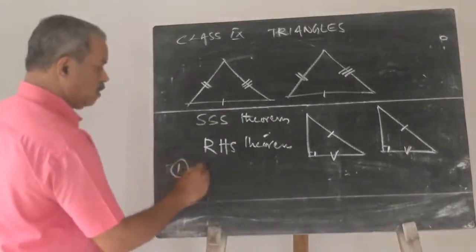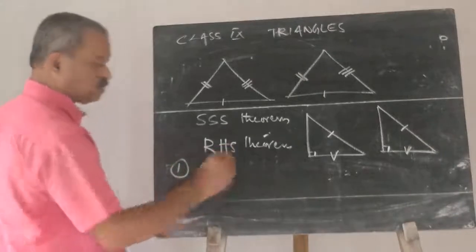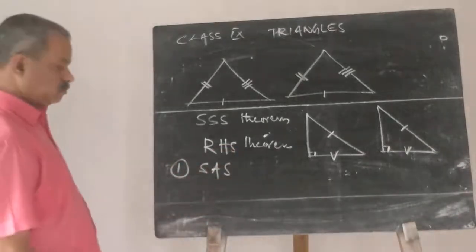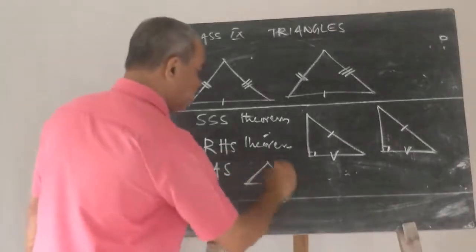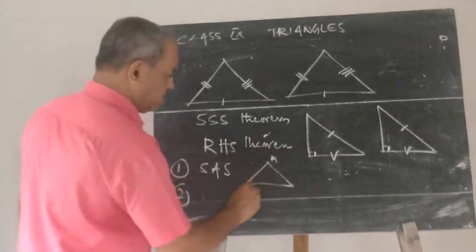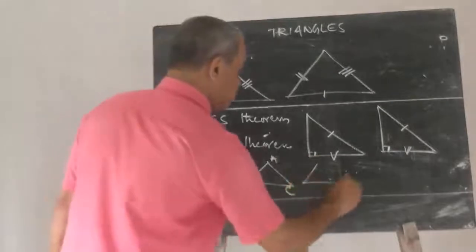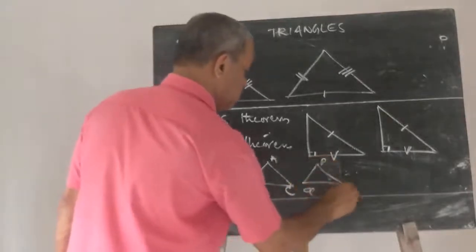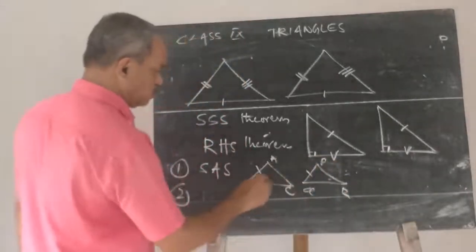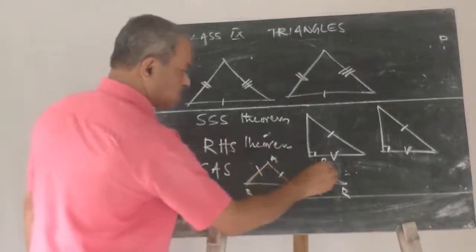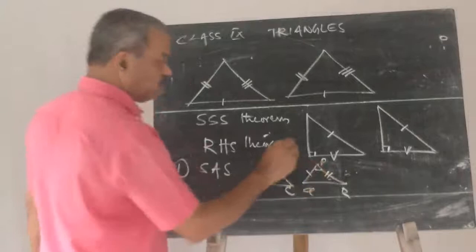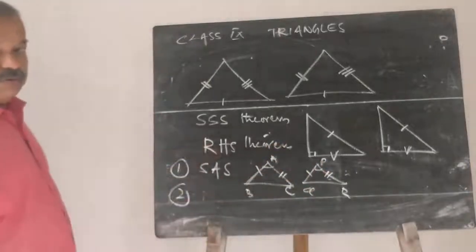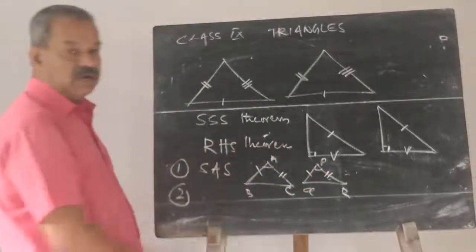One, the SAS axiom. Side angle side. Side, included angle, in triangles ABC and PQR. Suppose these two sides are equal, then which angle? Angle A should be equal to angle P. The included angle, not any angle, but the included angle.